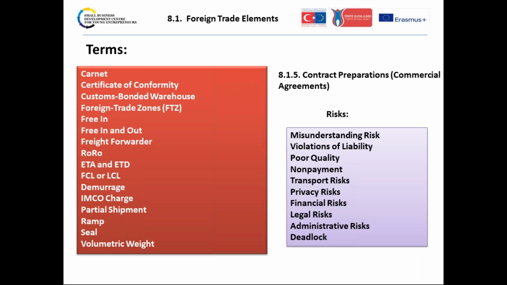They are shortly CARNET, Certificate of Conformity, Customs Bonded Warehouse, Foreign Trade Zones, Free In, Free Out, Freight Forwarder, RORO, ATA, and ETD, FCL and LCL, demurrage, IMCO charge, partial shipment, ramp, seal, volumetric weight, etc. I want you to check these definitions, because these are important things in international trade.